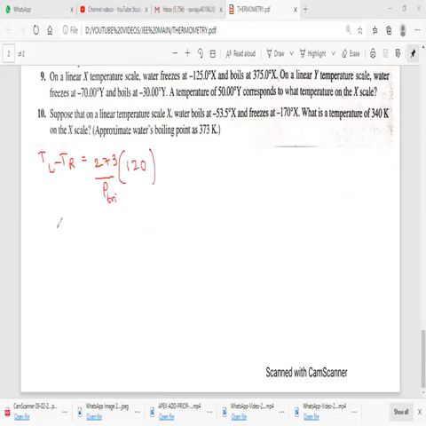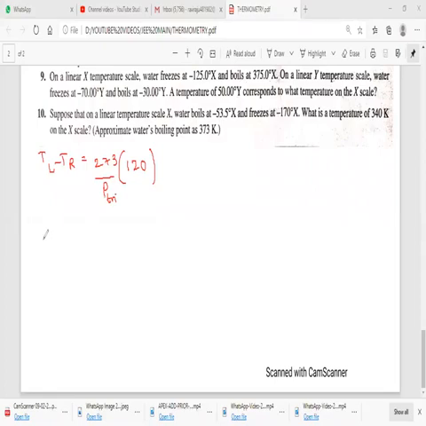Okay. So TL minus TR means, on one side it is given the triple point, and on the other side it is given the boiling point.